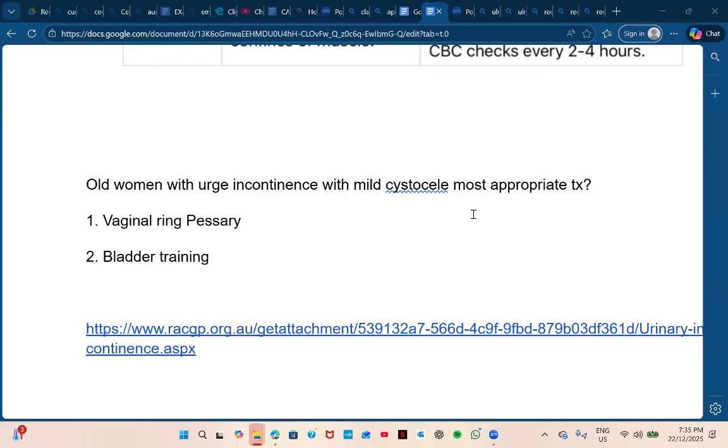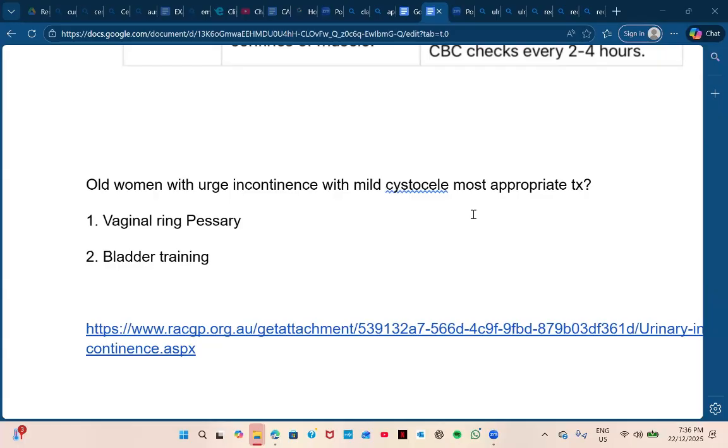If there's retention, it can lead to pressure and urge incontinence. Are you asking about the retention, right? Yes, doctor, urinary retention can lead to pressure and cause urge incontinence.